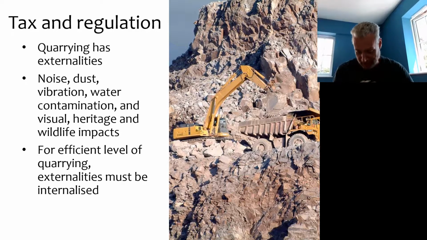So one example is quarrying. Quarrying has many externalities. Machines are typically noisy. When you take stone and other material out of the quarry, you create a lot of dust, so you create a lot of vibration and potential damage to the buildings nearby. There's typically chemicals used to purify whatever you're digging out, and that's then dumped into ground or surface water.